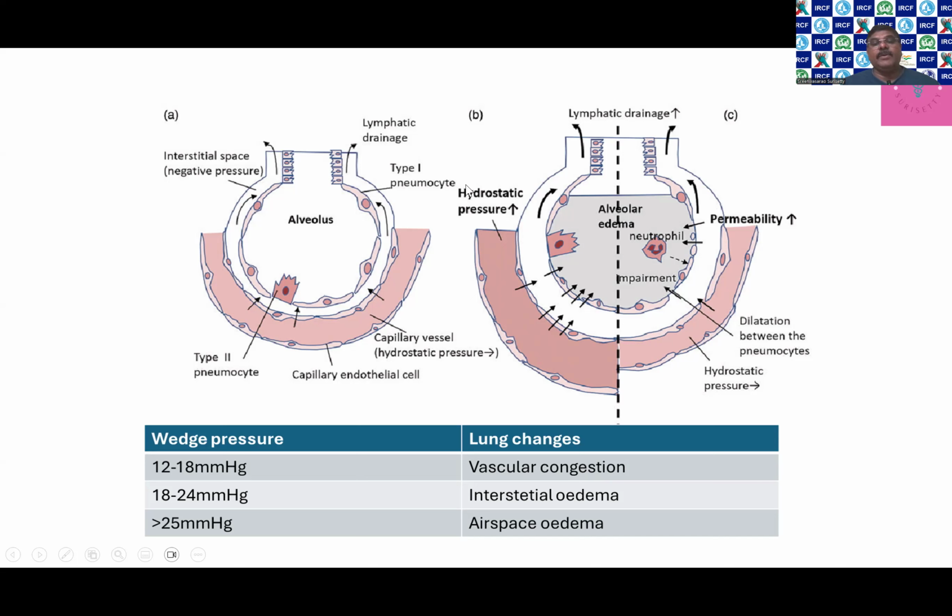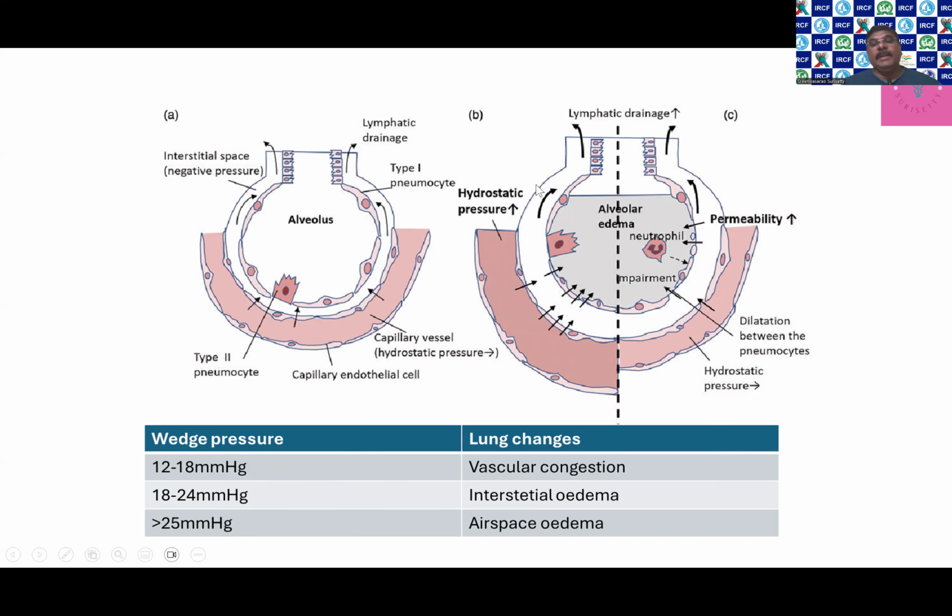Whenever hydrostatic pressure rises, for example to 12 to 18 mmHg in the capillary, what happens? Vascular congestion will occur. If the pressure rises to 18 to 24 mmHg, fluid shifts from the intravascular space to the interstitial space.